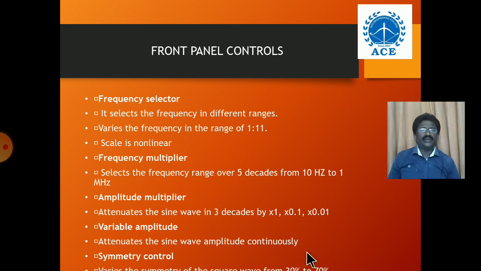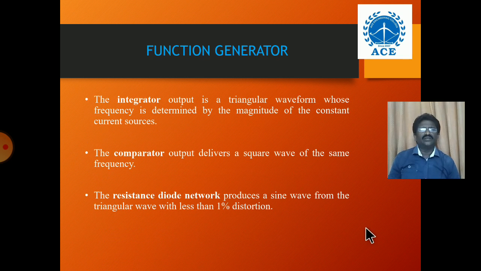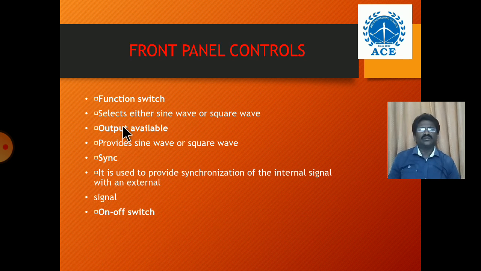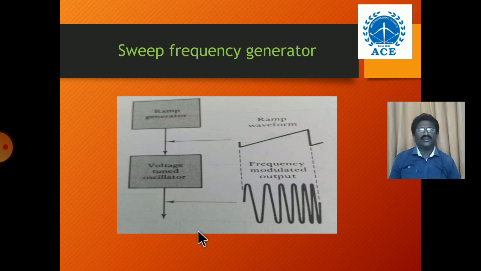In the same way, the function switch selects either the sine wave or square wave output. The synchronization input is used to synchronize the internal signal with an external signal. With the on off switch, you can switch the function generator on and off. These are the front panel controls.